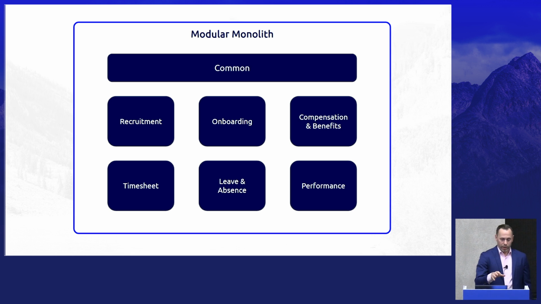And then all the other modules that we have here, like recruitment, timesheet, onboarding, are sub-modules, and they're independent. They have their own data model. They have their own interfaces. It's like a self-contained app, if you will. And then each of the low-level modules will expose APIs for their data and also APIs to update the data.